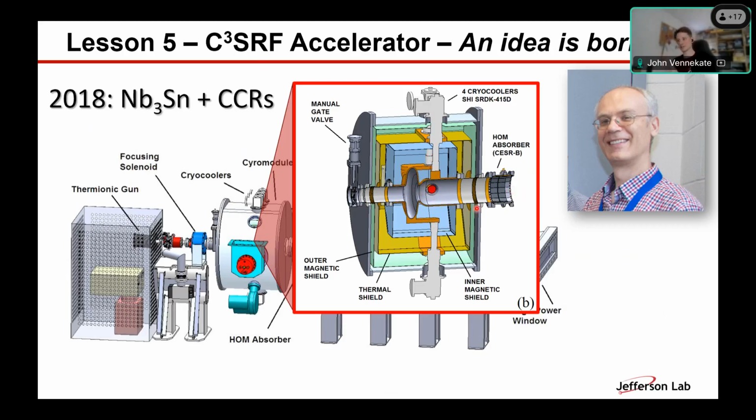The big difference and benefit SRF is giving you, because you might ask me now, well, John, you showed me earlier the existing machines based on the 70s technology from Russia, they can deliver already 1 MeV of electron energy, but as I also told you, they're limited to something like some tens of kilowatts. This design that Gigi and his team developed in 2018 was already targeting an output power of 1 megawatt.